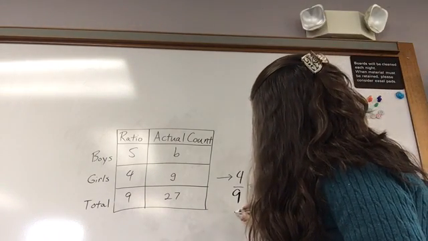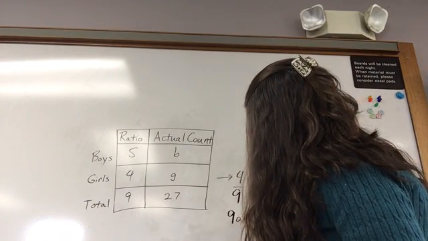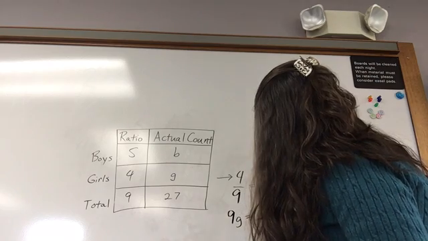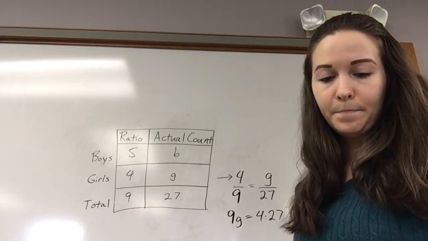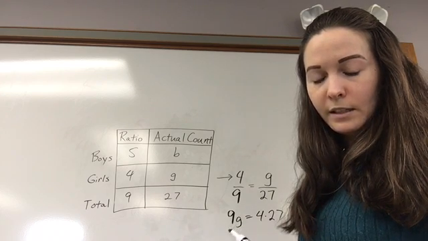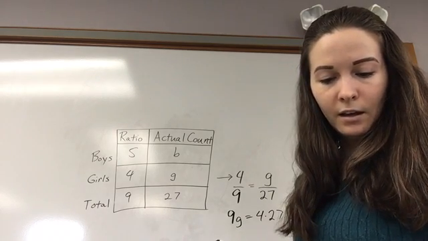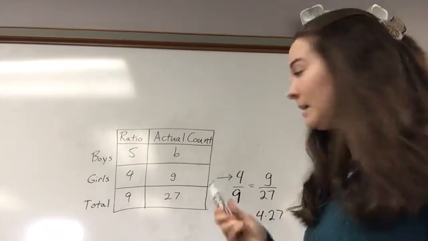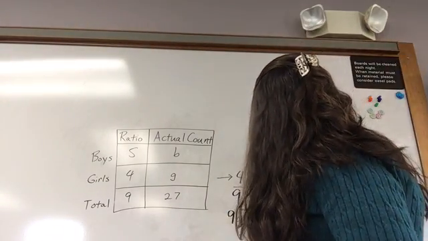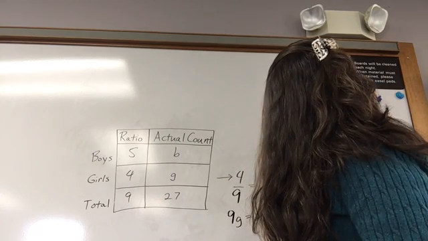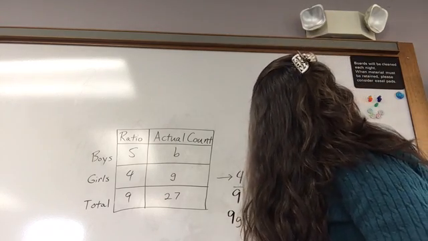So that gives us 9G equals 4 times 27. 4 times 27, now I have to do that in my head. 4 times 27 is 108.